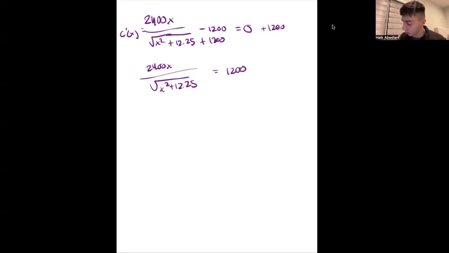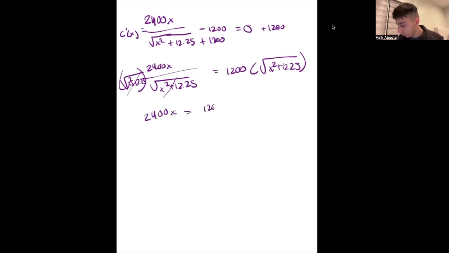We can multiply by the square root of x squared plus 12.25, so these would cancel out, of course. We have 2,400x equals 1,200 times the square root of x squared plus 12.25.